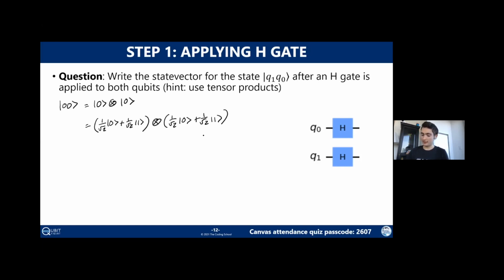Okay, and now we can just distribute across this. So the tensor product, just like a normal product, distributes across addition. And so we will end up with, I'll just take all of my 1 over root 2's out front. So it's a big 1 over 2. And then we just multiply. So we have ket 0 tensor ket 0, plus ket 0 tensor ket 1, plus ket 1 tensor ket 0, plus ket 1 tensor ket 1.